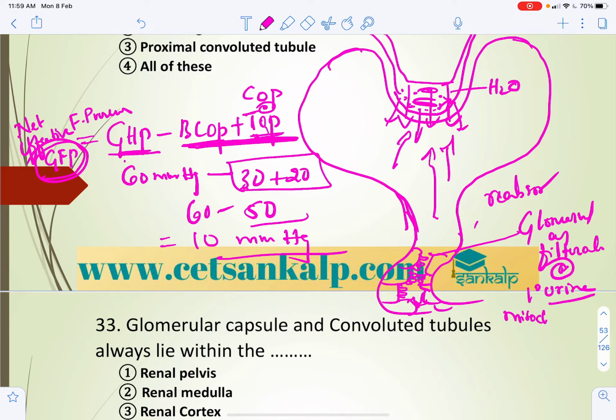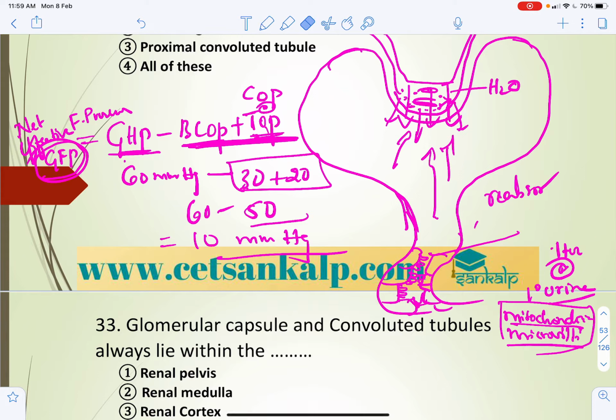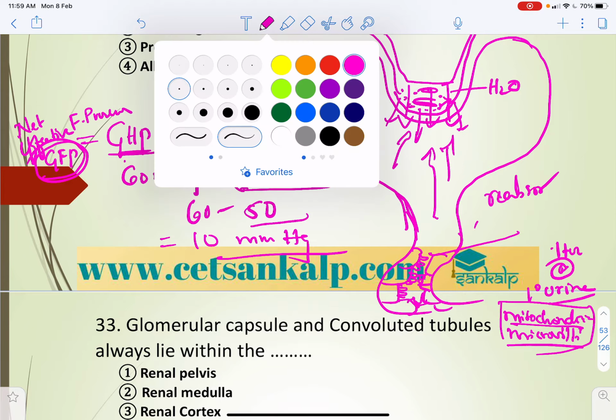These are the characteristic features. More mitochondria and more microvilli. Mitochondria provide energy, and microvilli increase the absorptive surface area; together these are present in the epithelial cells which line the PCT.